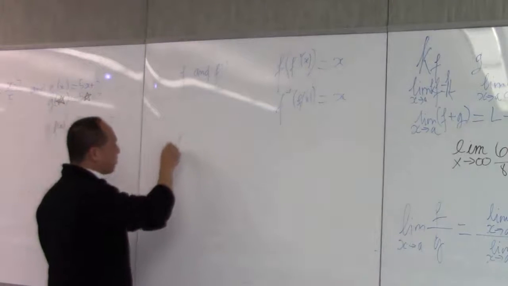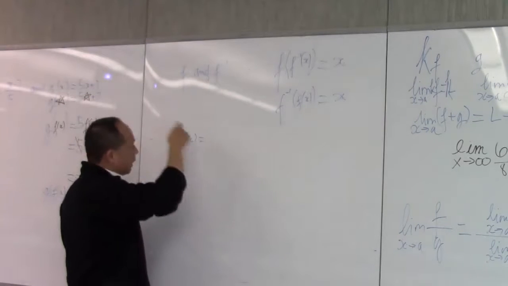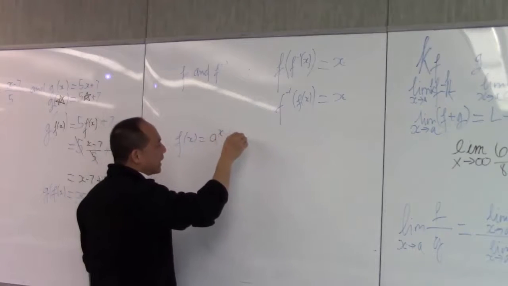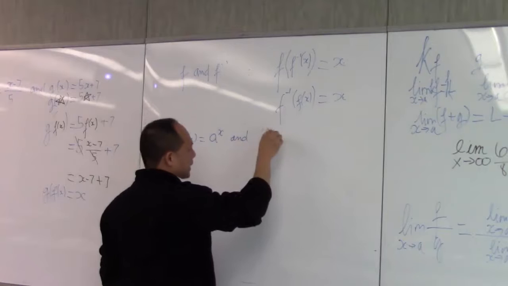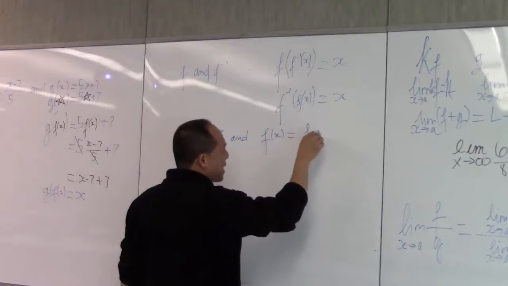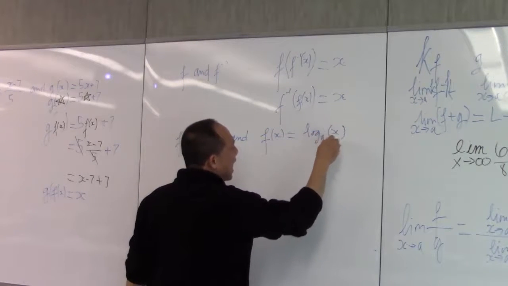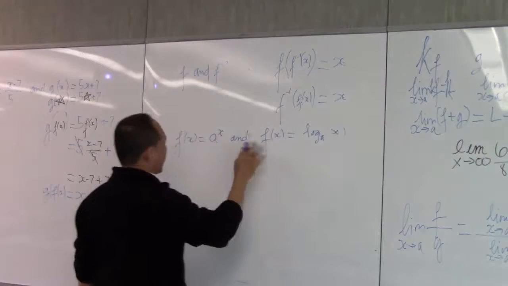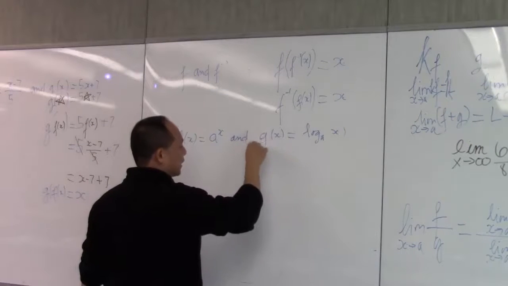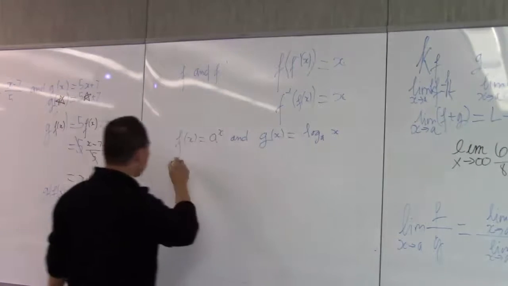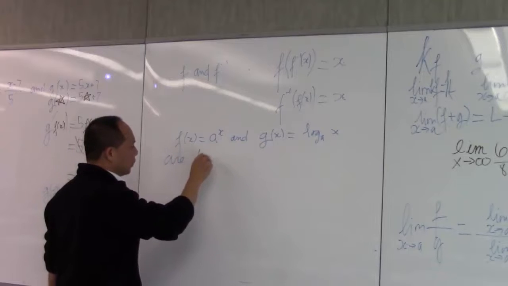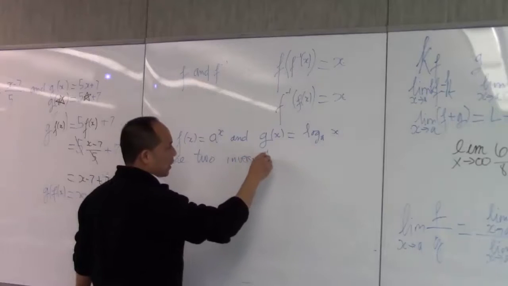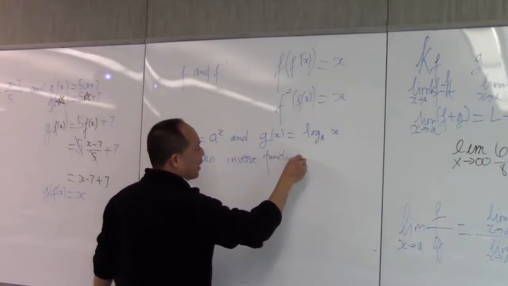But we have the function f(x) equal a to the x and f(x) equal log base a of x. They are two inverse functions. Okay, f(x), and now I call this g(x). Two inverse functions of each other.